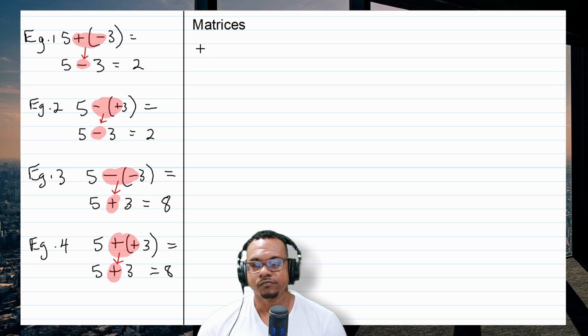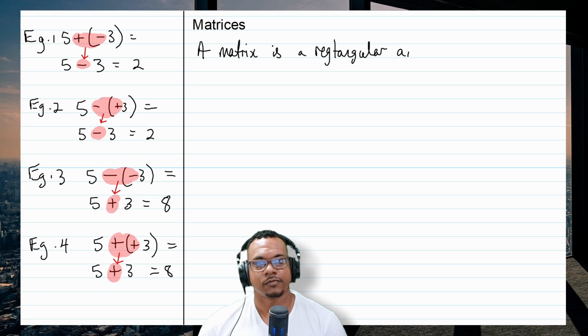So I'll put: a matrix is a rectangular array of numbers.